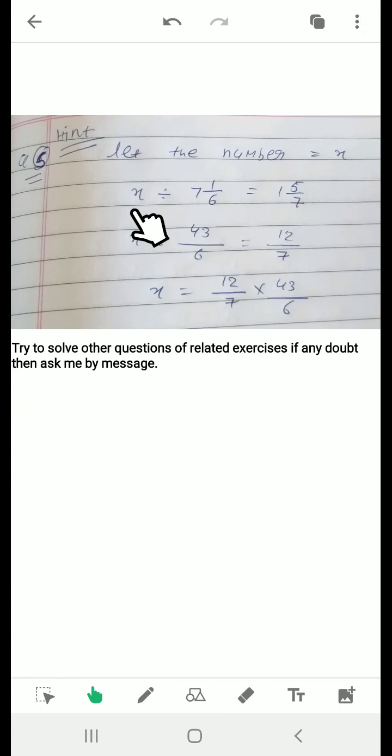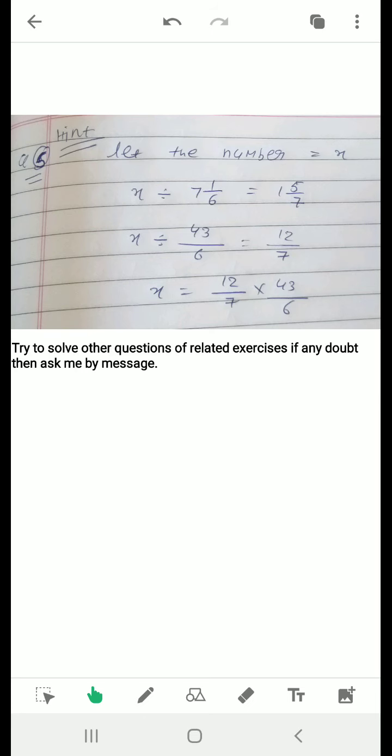A number x divided by 7 1/6 is equal to 15/7. We need to find x. So it is also very simple: first of all convert this mixed fraction into an improper fraction, and then this 43/6, which is in divide, will be transferred there into multiply. It is in divide, it will go into multiply, and after multiplication you will get your answer.